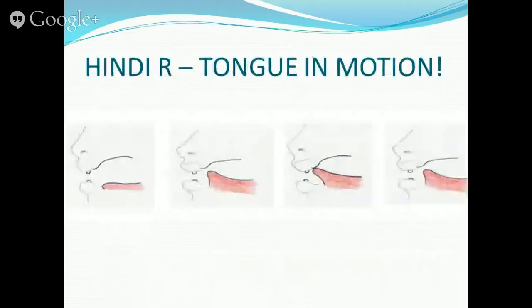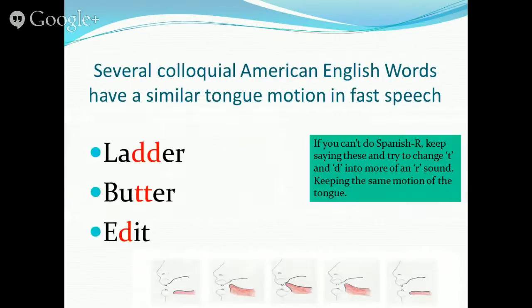Now, traditionally, this is one of the hardest sounds for an English speaker. But fortunately, in American English, we have a similar tongue motion in fast speech. In colloquial American English, the D and the T in ladder, butter, edit, the tongue makes a similar motion.